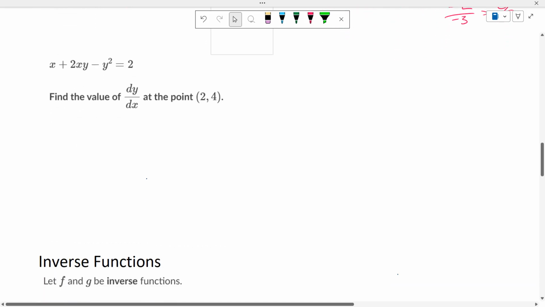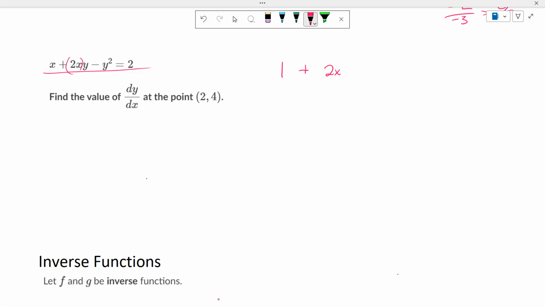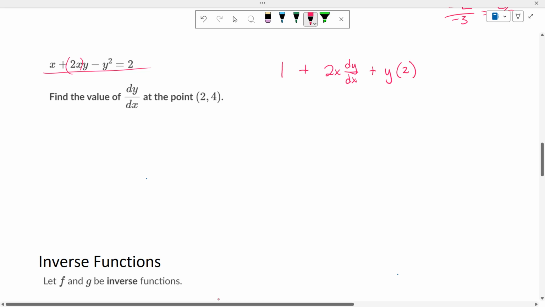Same problem. Now we just don't have multiple choice. Same type of problem, I should say. So what's the first derivative of this? Well, what's the first derivative of x? 1. What's the first derivative of y? dy/dx plus y times, what's the first derivative of 2x? 2.